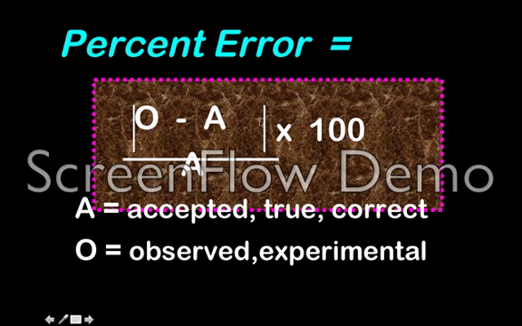Now notice that since these are in absolute value bars, it doesn't really matter whether it's O minus A or A minus O, because you get the difference and then you make it positive anyway. Some textbooks will prefer that you do it a specific way, then reflect error with a positive or a negative sign to express if your percentage error is too high or too low. But using absolute value just gives us an absolute error, and that's fine with me.